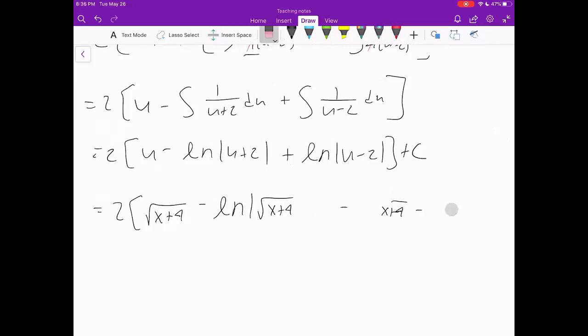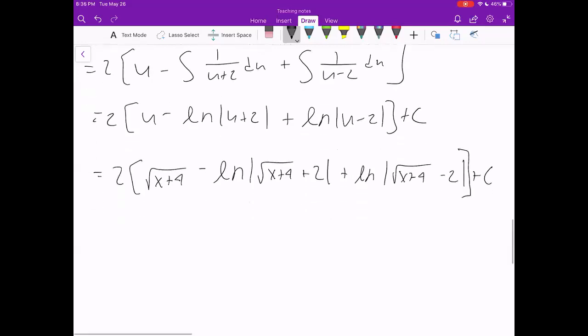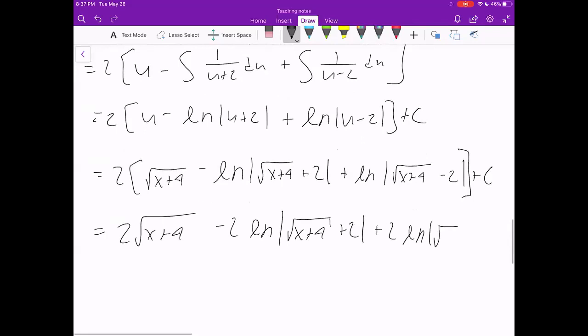That's one too many bars there. So 2 times the square root of x plus 4 minus ln of the square root of x plus 4 plus 2 plus ln of the square root of x plus 4 minus 2 plus my constant. And then I'm going to distribute the 2. That'll be my answer.